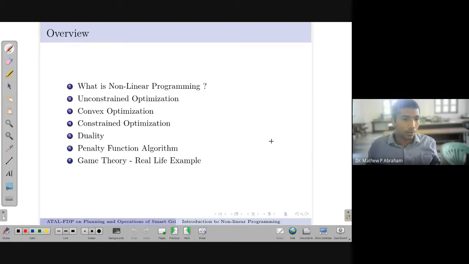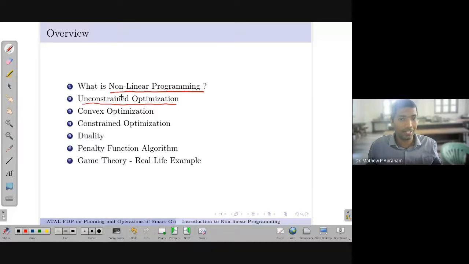So, the overview of today's session. The agenda is to introduce what nonlinear programming is, and the need for nonlinear programming in relation to smart grids. Then we will move to one of the easiest concepts, unconstrained optimization.